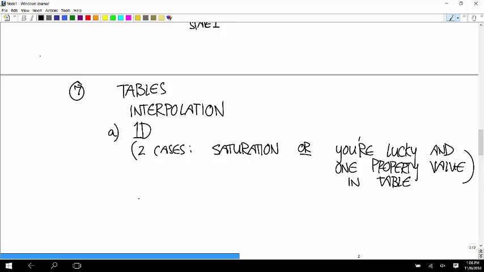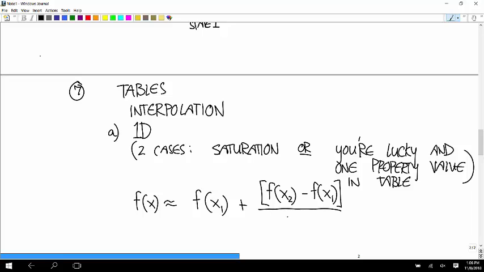But the 1D interpolation says your f of x value is approximated as your function value at x1 plus the quantity function value at x2 minus function value at x1, divided by x2 minus x1, and then times x minus x1.